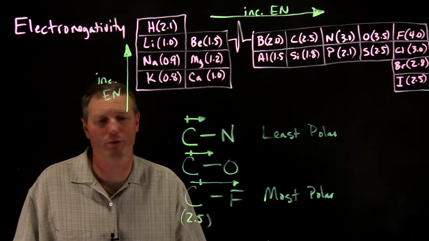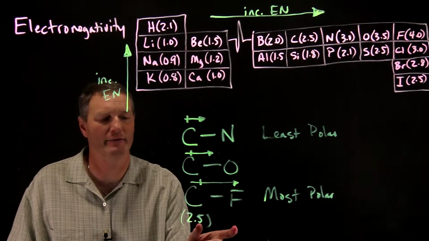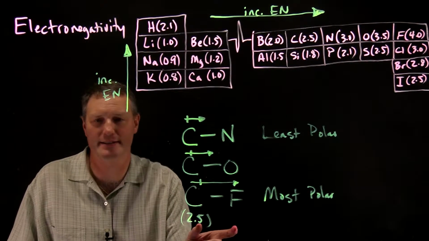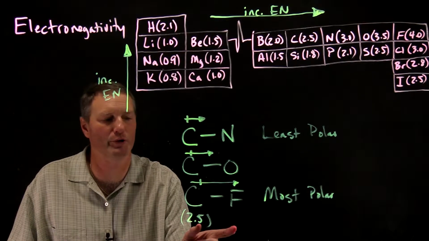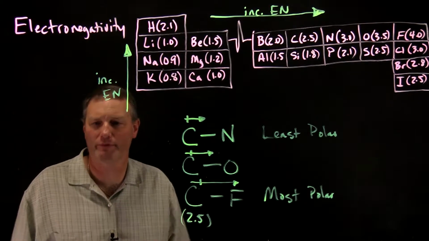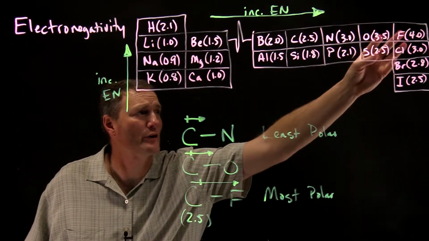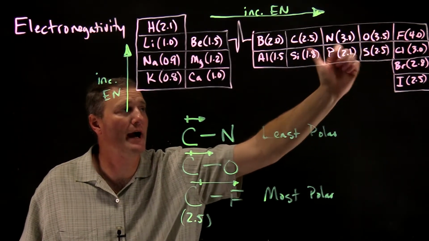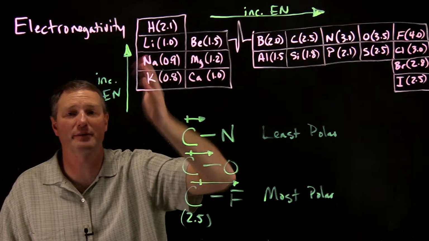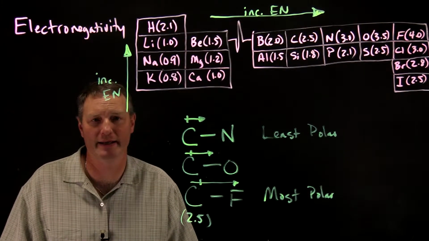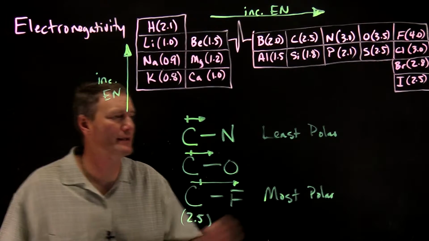Fluorine is 4.0. So there's a difference of 1.5 electronegativity units, which is considered a very polar bond. One other final thing I'll mention: when you have elements in the upper right-hand corner, with very high electronegativities, paired with something that has a very low electronegativity, something like sodium chloride.